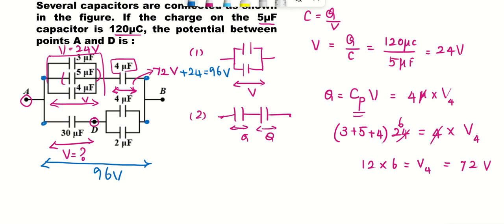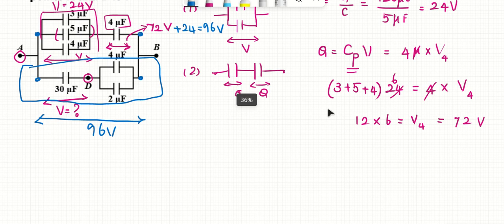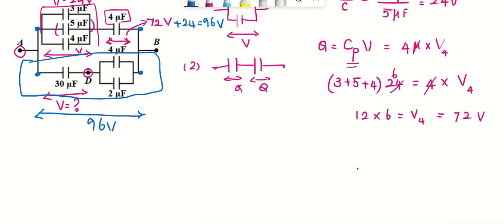Now we are going to apply the same technique for this part of the circuit. Okay, so let's do that. The 4 microfarad here and the 2 microfarad, these two are in parallel.